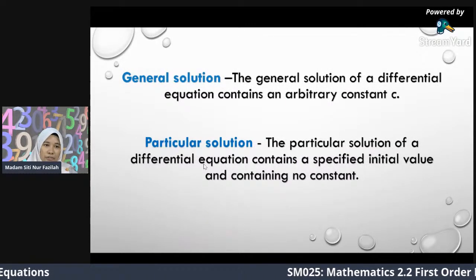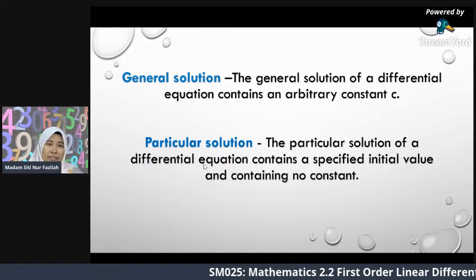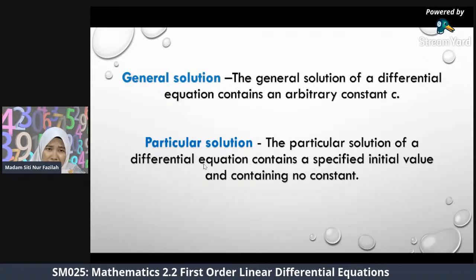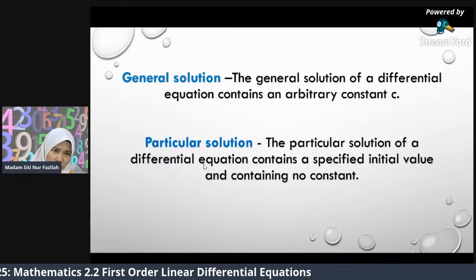For solving by using an integrating factor, we also have two kinds of solution.